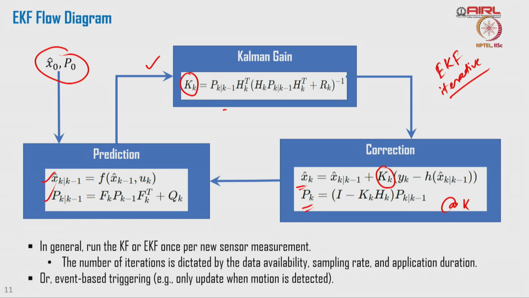So, the number of iterations, how many times this algorithm will run, is dictated by the data availability, sampling rate, the kind of application we are doing, and the duration of those applications. Okay. We can also do event based triggering where the state and covariance are updated when any motion is detected by the vehicles. Fine.